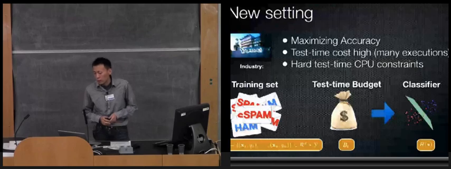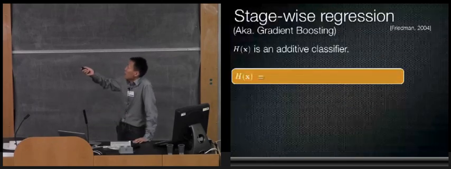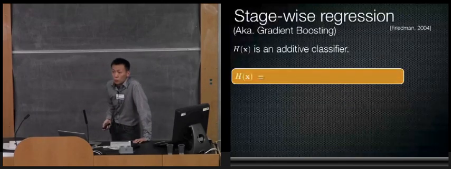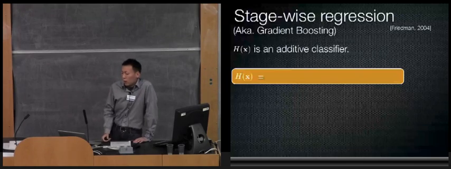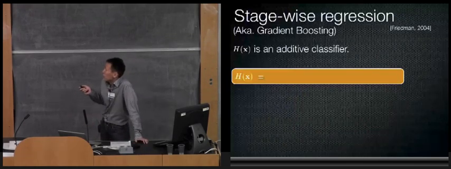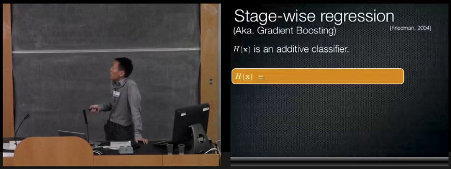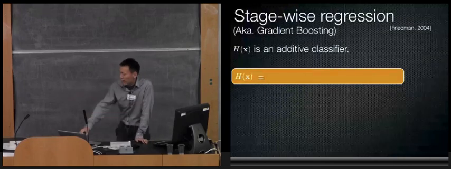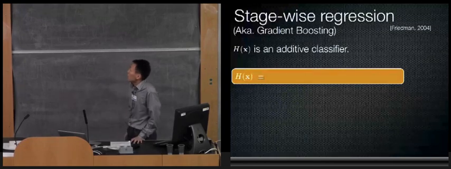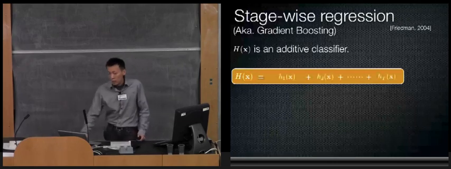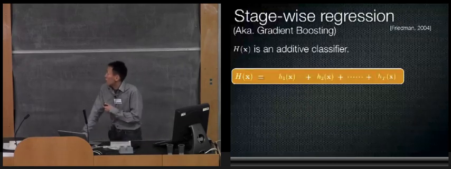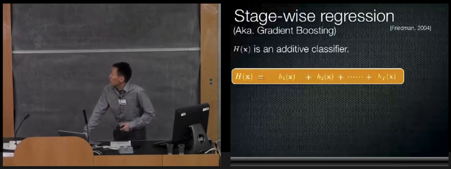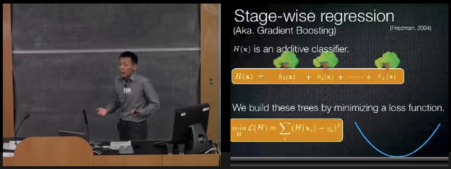In this work, we focus our classifier H(x) on stage-wise regression, or gradient boosting. So our classifier H(x) is an additive classifier, iteratively adding weak learners. Usually these weak learners are regression trees, and we build these trees by minimizing a loss function.